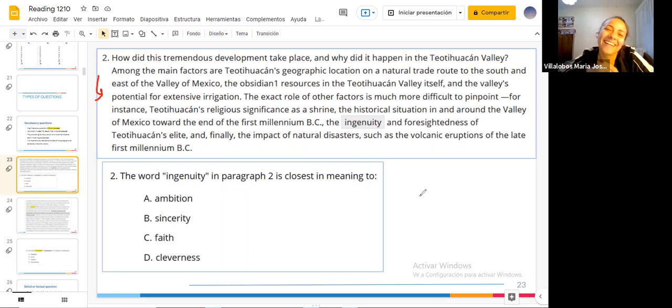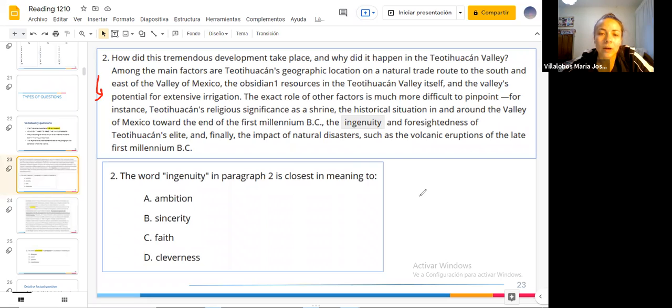Okay, so how did this tremendous development take place, and why did it happen in the Teotihuacan Valley? Among the main factors are the Teotihuacan's geographic location on a natural trade route to the south and east of the Valley of Mexico, the obsidian resources in the Teotihuacan Valley itself, and the valley's potential for extensive irrigation. The exact role of the other factors is much more difficult to pinpoint.